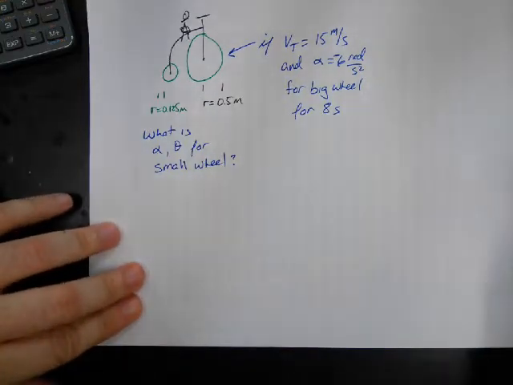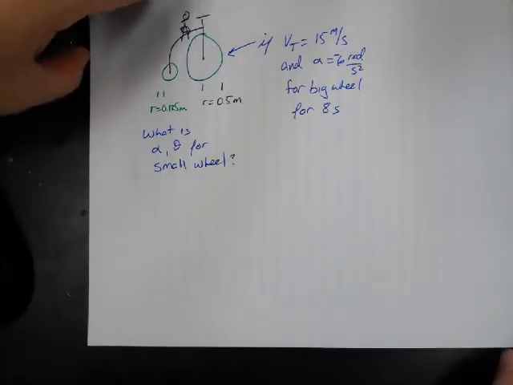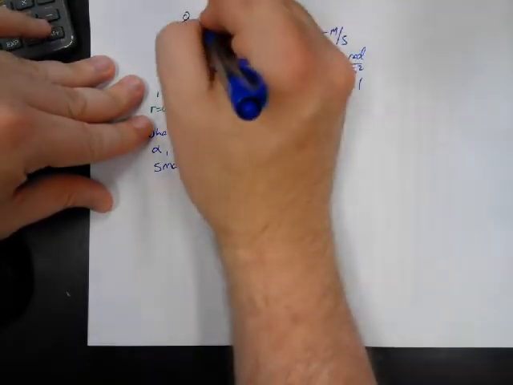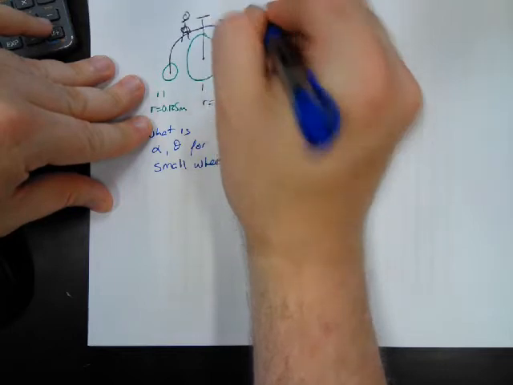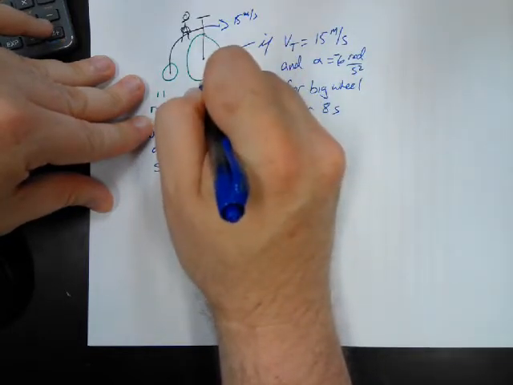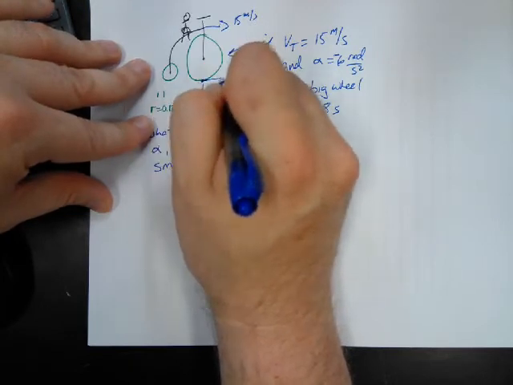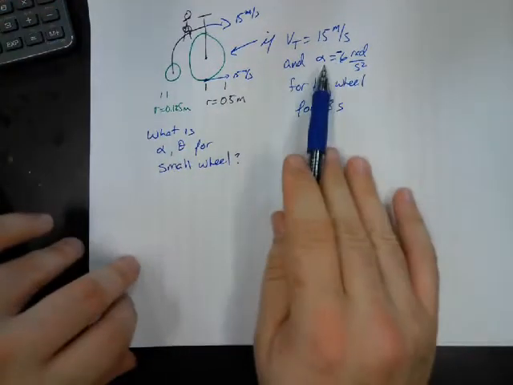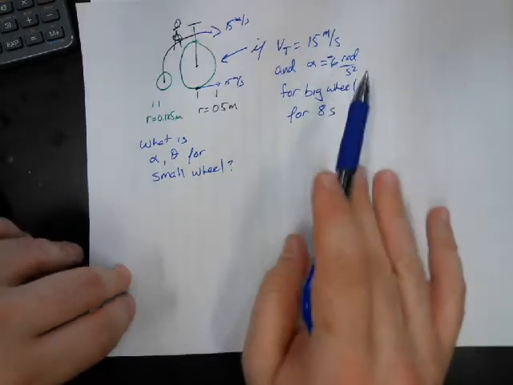So we're going to say you start out with the bike moving at 15 meters per second, which means that a point on the tire is moving at 15 meters per second. And the acceleration that it has is going to be minus 6 radians per second squared.